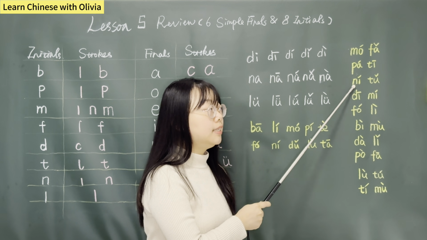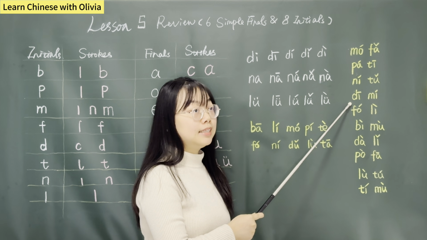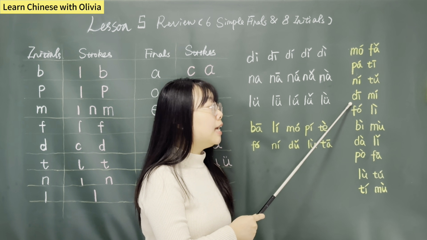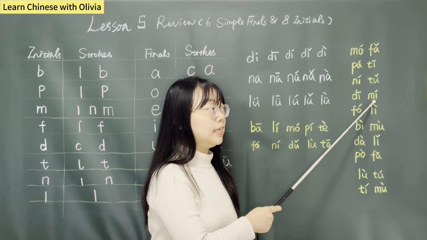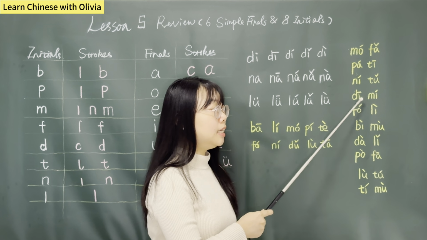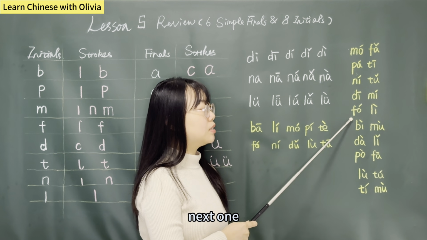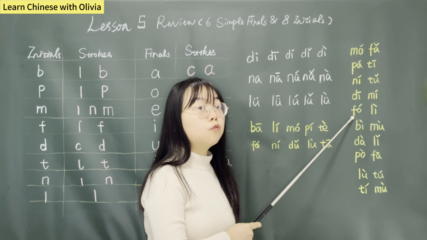So we get ni, tu. The next one. De, i, di. Me, i, mi. Di, mi. Next one. Fo, fo.